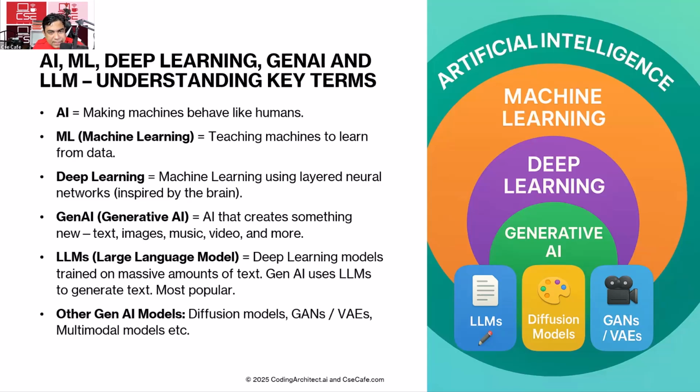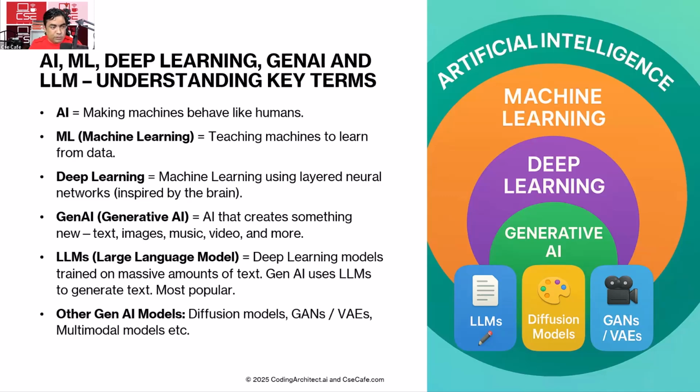And then the next category is deep learning. Deep learning is a type of machine learning using layered neural networks. It is inspired by our brain. And then comes generative AI. AI has been there for a very long time, but all of these AI things became popular, like we see today, only in the last few years. Why?